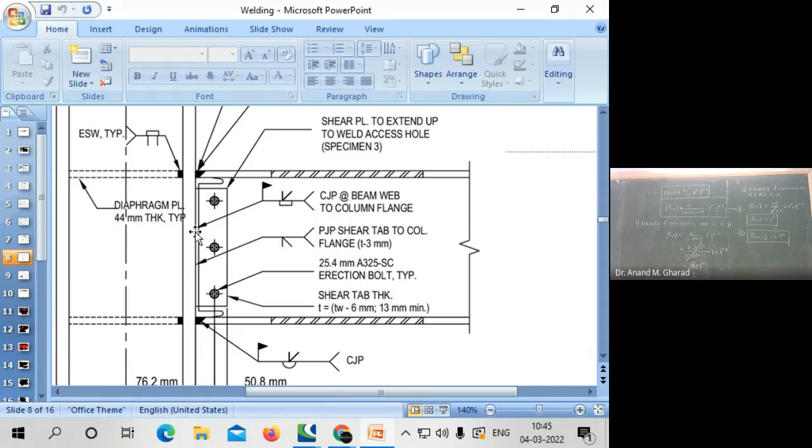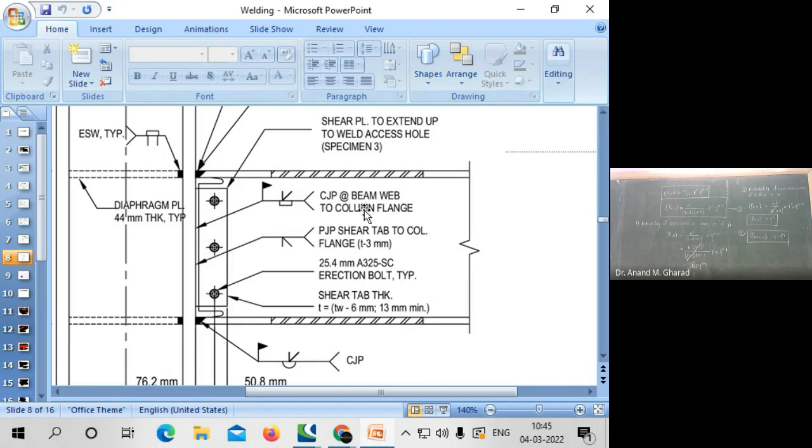इसका मतलब है कि ये जो कनेक्शन है, on this face of the connection plug weld or slot weld is provided, whereas on the other side of the connection, that is the back side of this connection, what is the shape? Groove weld is provided, and nature is B weld.